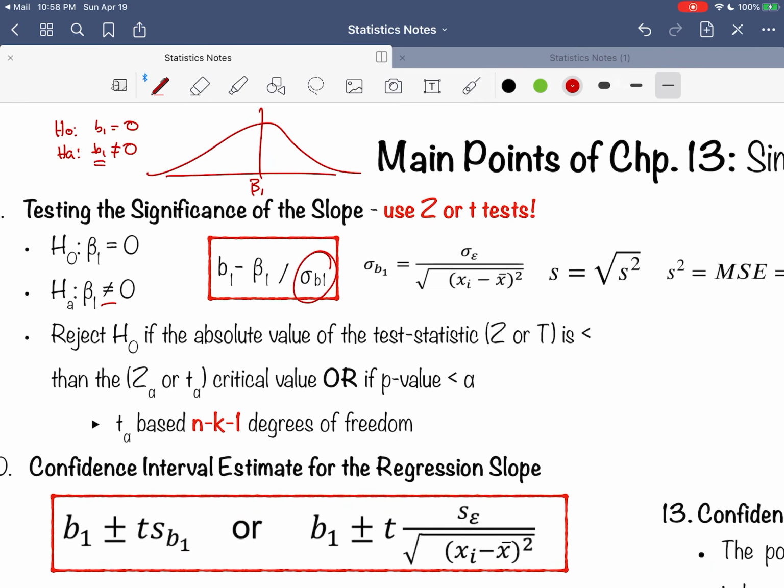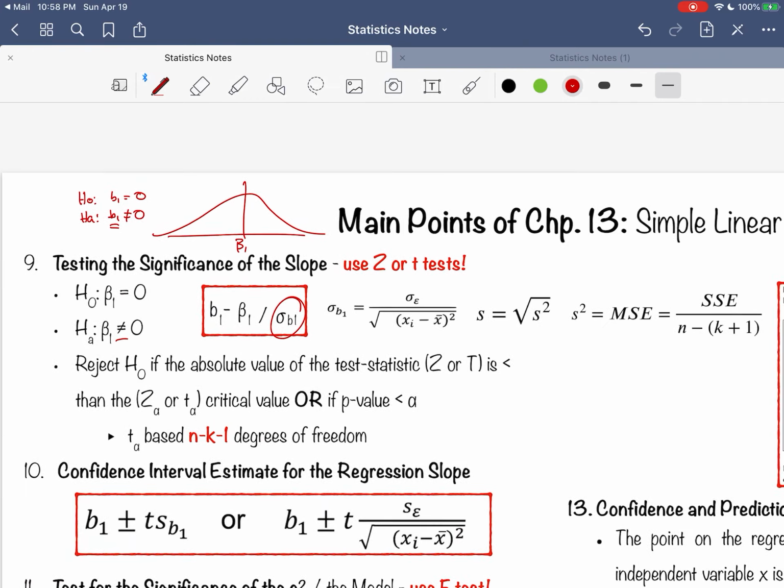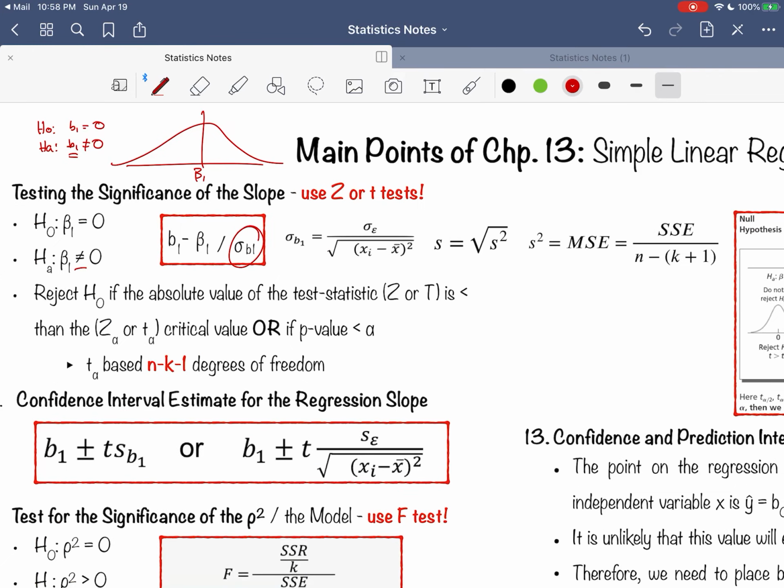Calculating the standard deviation of beta, or in this case beta 1, is a little bit tedious because it involves several equations. I wrote them out for you here. This is leading into this. This is the standard deviation of the error terms. It comes from this equation. It's the square root of the variance. The variance comes from this equation.